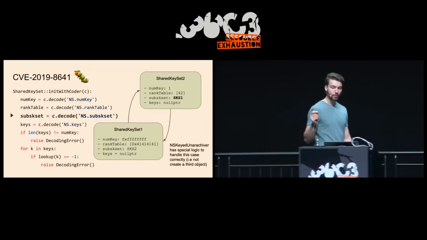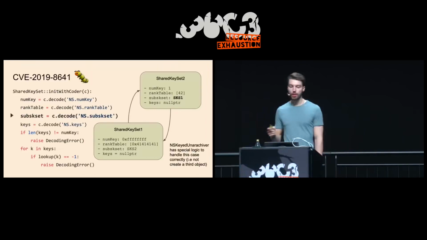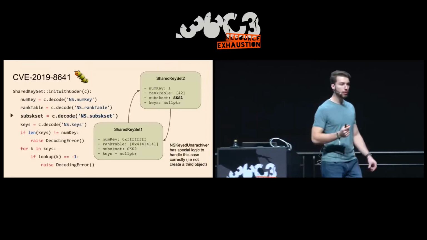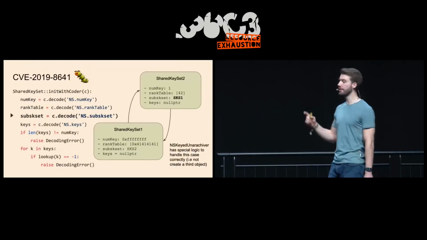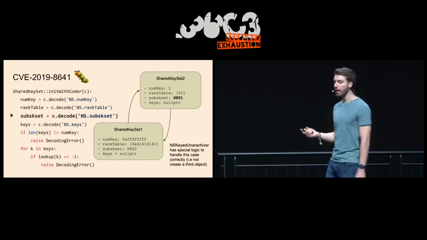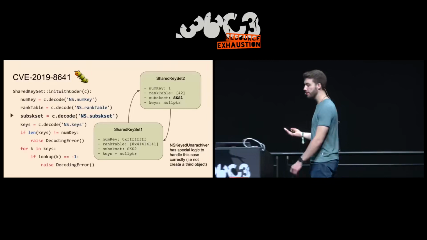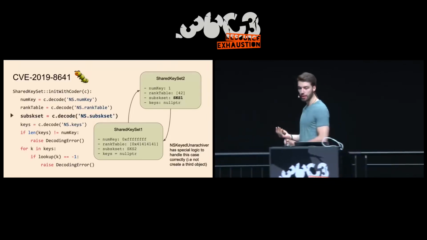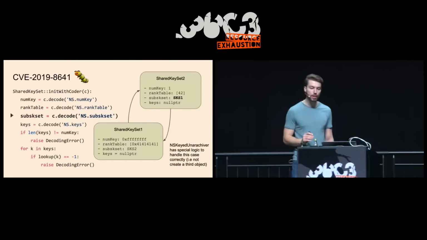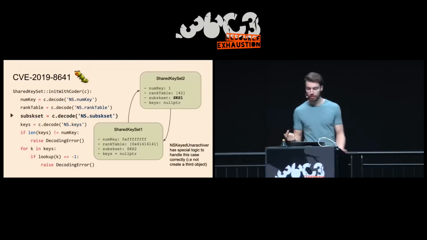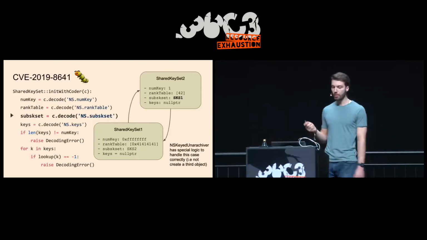And here we are making a circle. So for shared key set 2, we pretend that its sub key set is shared key set 1. And this actually works. The NSKeyedUnarchiver has special handling to handle this correctly, so it does not create a third object. And it makes this cycle, and we're good to go.